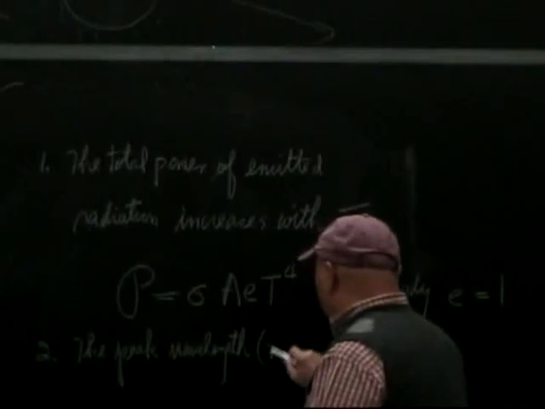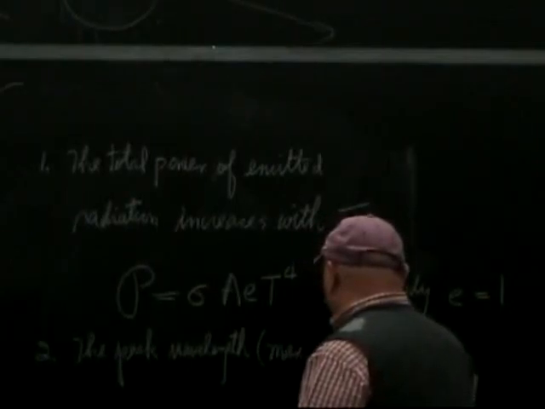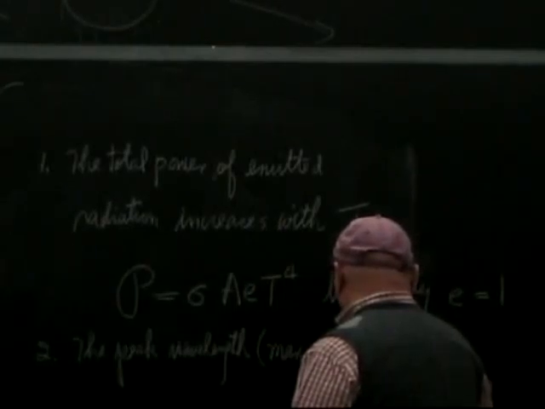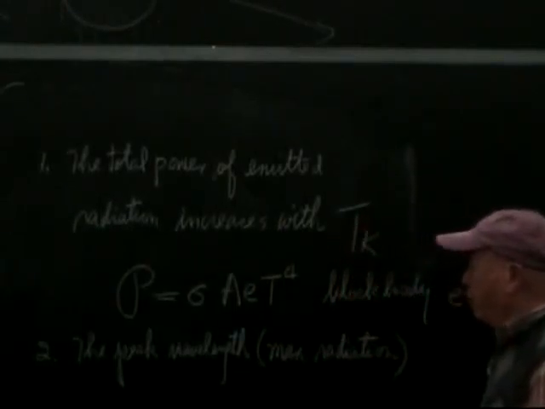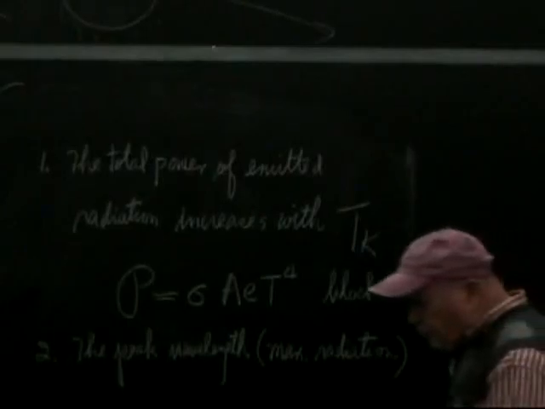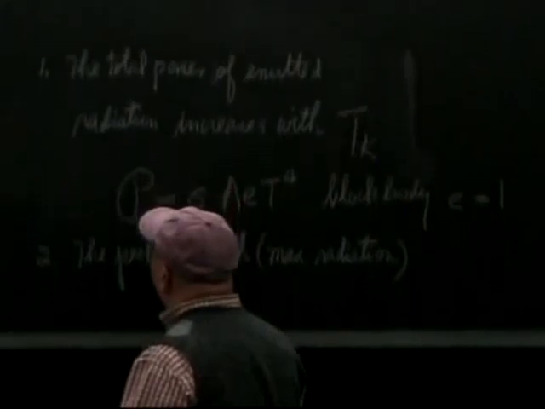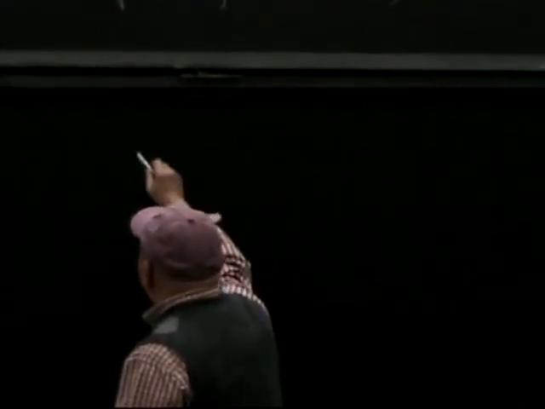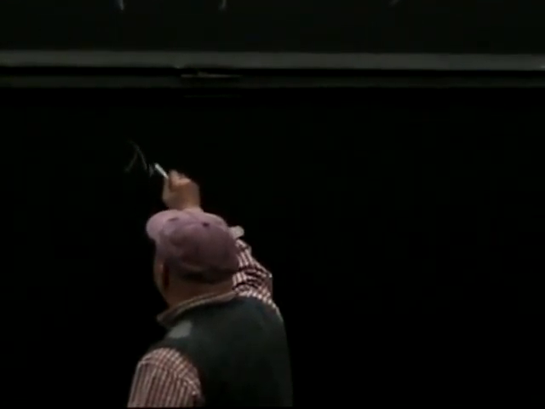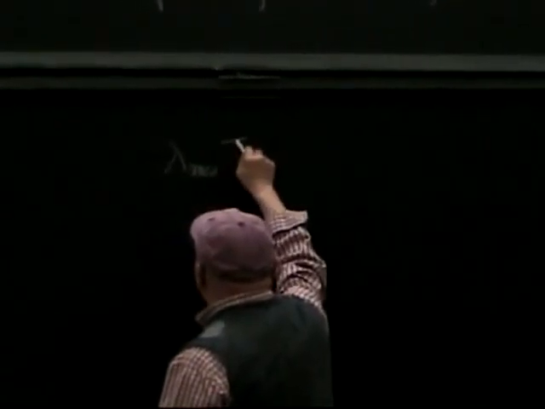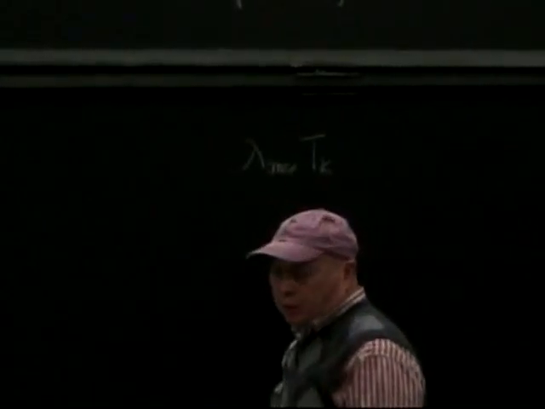Peak wavelength means the wavelength with maximum radiation. This peak wavelength is related to lambda max times T, where T again is the color temperature.